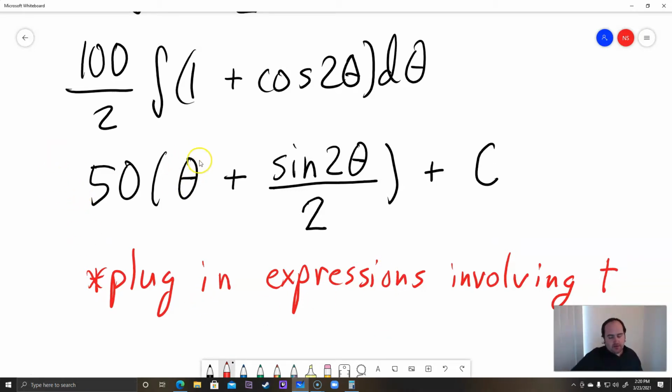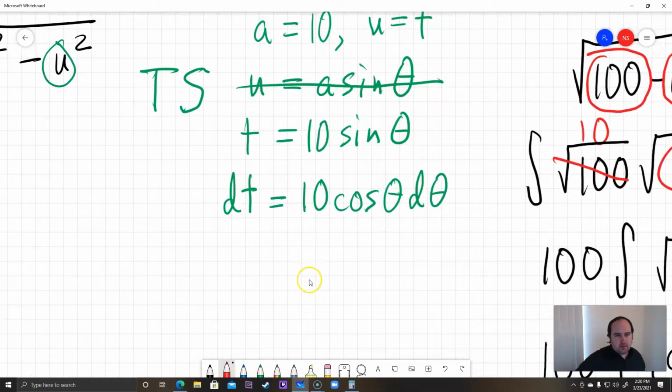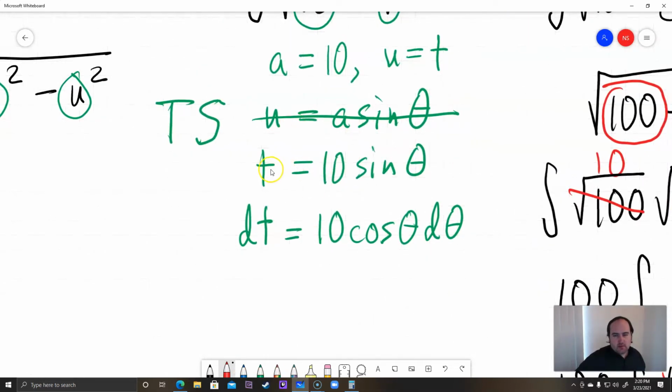So let's start with the theta here. How are we going to work with the theta? Well, we can do kind of the same thing we did on the last one. We might not even need a right triangle for the theta. If we go back to our original trig substitution, we said t equals 10 sine of theta.